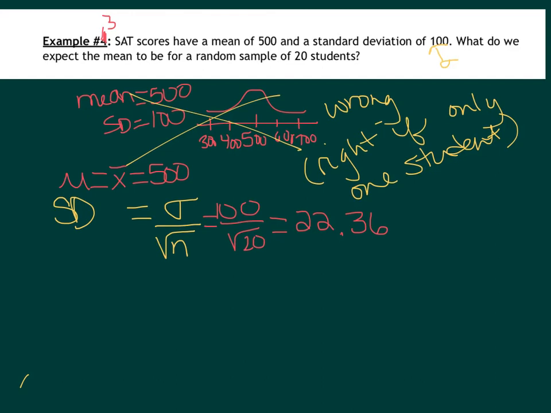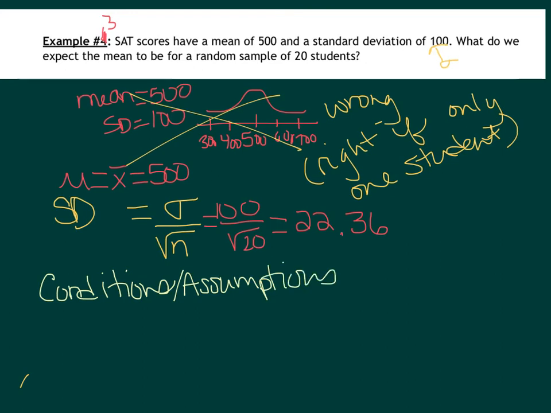So, as with everything in this chapter and pretty much every other chapter in the entire book, your next step is going to be to check your conditions and assumptions. For these, there's really only 3 things I want you to check.